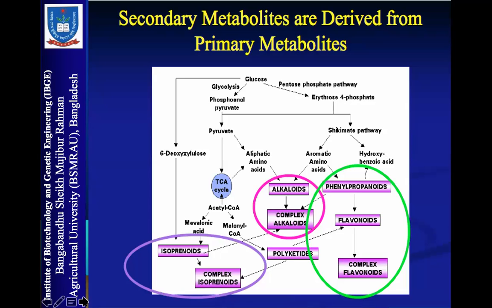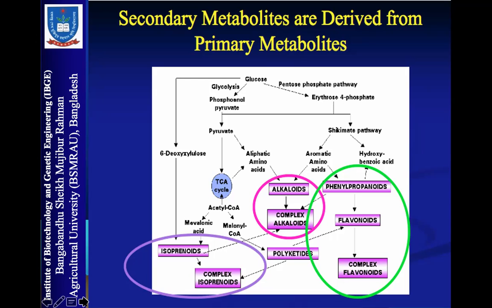In case of plants, primary metabolites are synthesized basically through the process of photosynthesis, because in the photosynthetic process, photon, the natural energy source coming from the sunlight, is used to split the molecule of water, and as a result, the water molecule releases electrons, and that electron passes through the electron transport chain and produces ATP energy, and that energy is later used to fix the carbon dioxide into the plant cell.